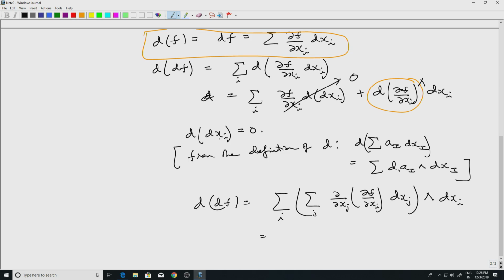Now the term inside the brackets, I'll combine these two sums. Both indices vary from 1 to n, and this is just the mixed partial derivative, del squared f by del xj del xi, times dxj wedge dxi. So let's see why this is 0.